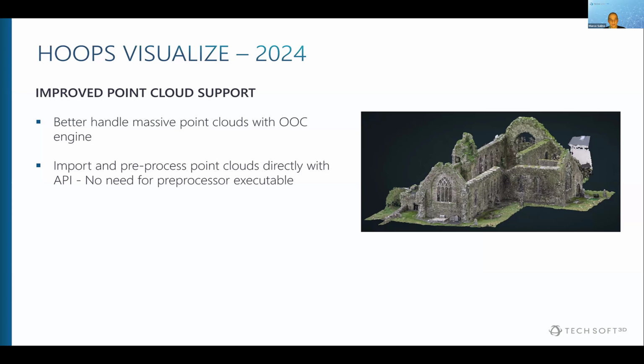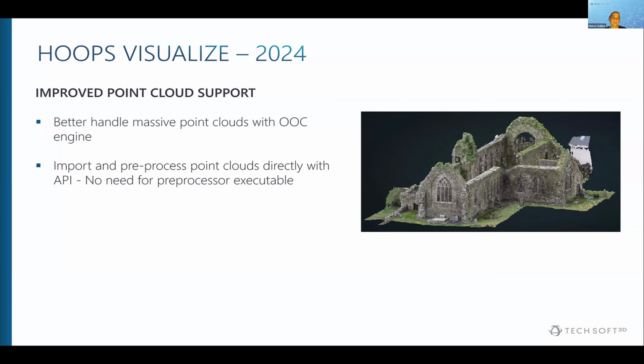So one example is a new API we added for importing point cloud data into the out-of-core database without going through the Windows executable, so without having to pre-process the data using this application and then do a file conversion. So now there is a new way that works, aside the other one.